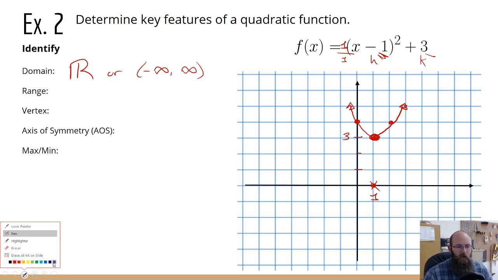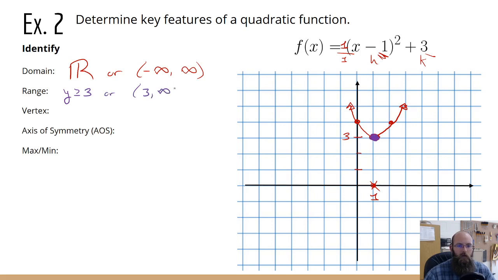My range, just a teensy bit different, right? This is the one where we talk about how far up and down we are. So I'm starting at 3, that's my minimum number, and then I go up from there. So I would write my y is greater than or equal to 3, or I could write 3 to infinity, but wait, this is not a parenthesis, this is a bracket.